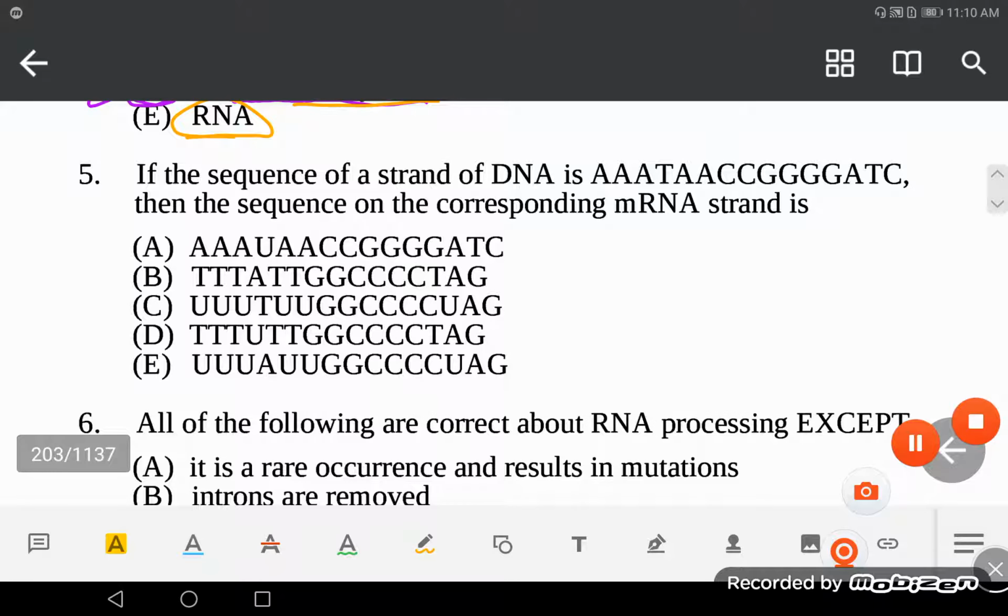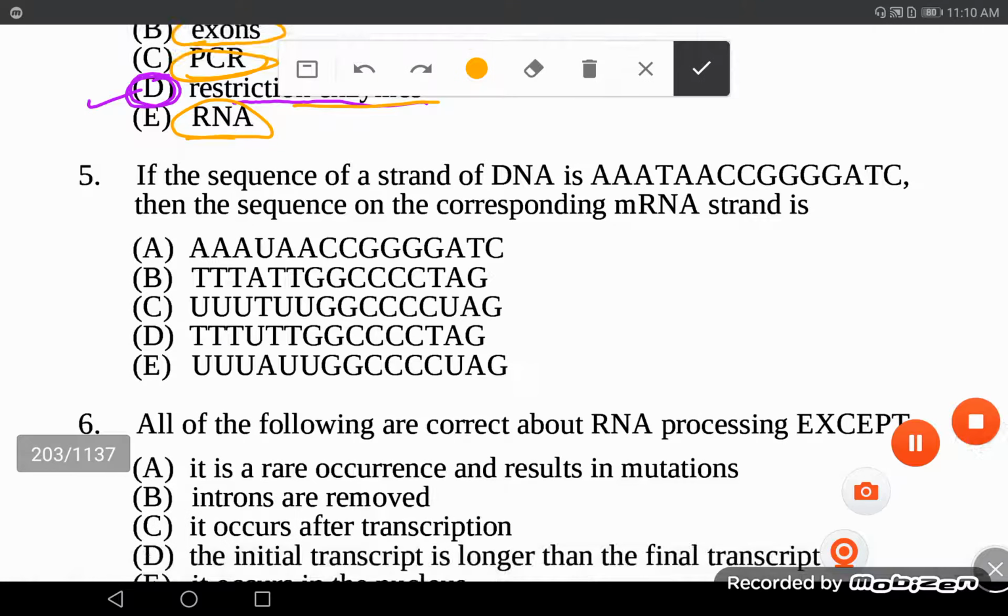So in the fifth question, it says if the sequence of a strand of DNA is AAATAA and so on, then the sequence of the corresponding mRNA. So pay attention, it is mRNA. Inside the RNA, we said that we don't have thymine. So instead of thymine, we should have uracil.